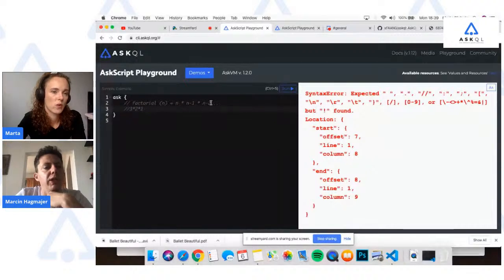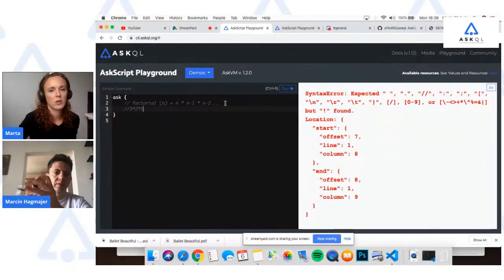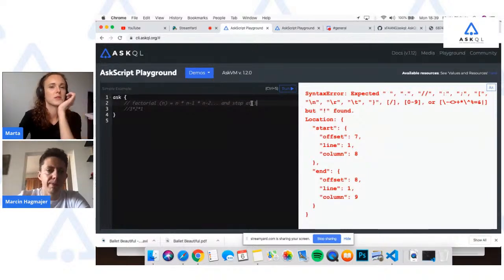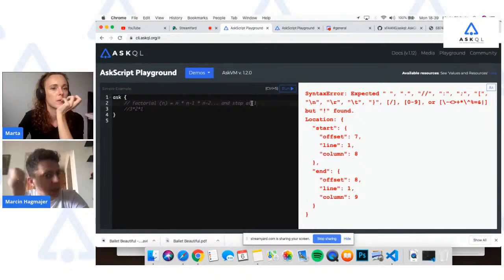So we only stop at 1, right? Yeah. Huh. So there is another condition. You need to say stop at 1. But how do we say that?